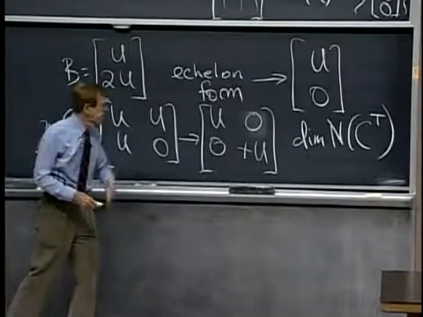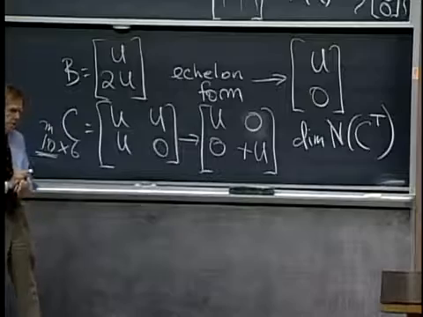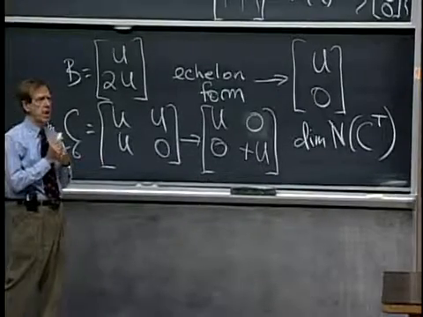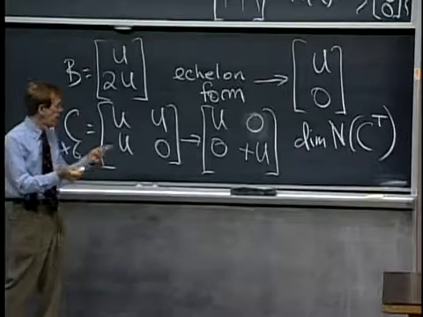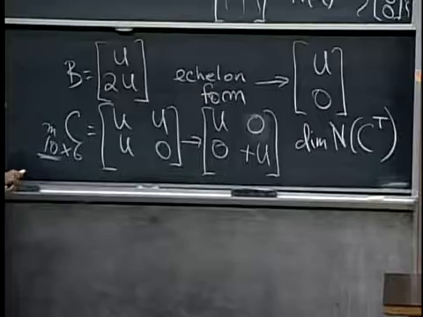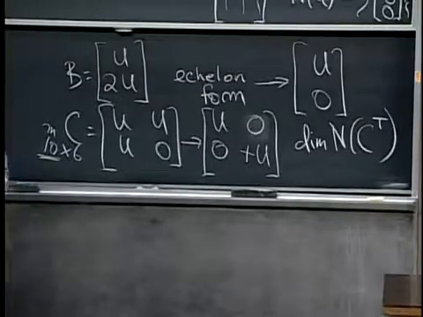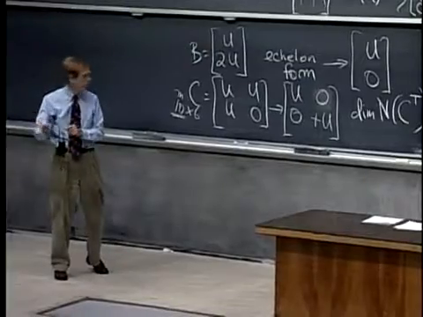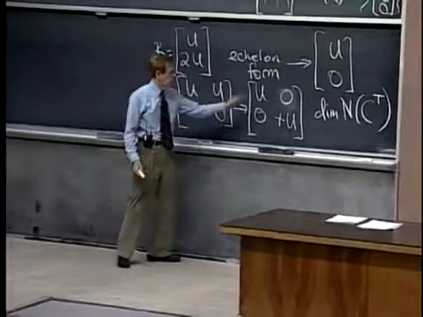C transpose has 10 columns. So how many free variables have I got? Once I start with the 10 columns in C transpose, that's the M for the original C. And what do I subtract off? 6, because we said that was the rank.